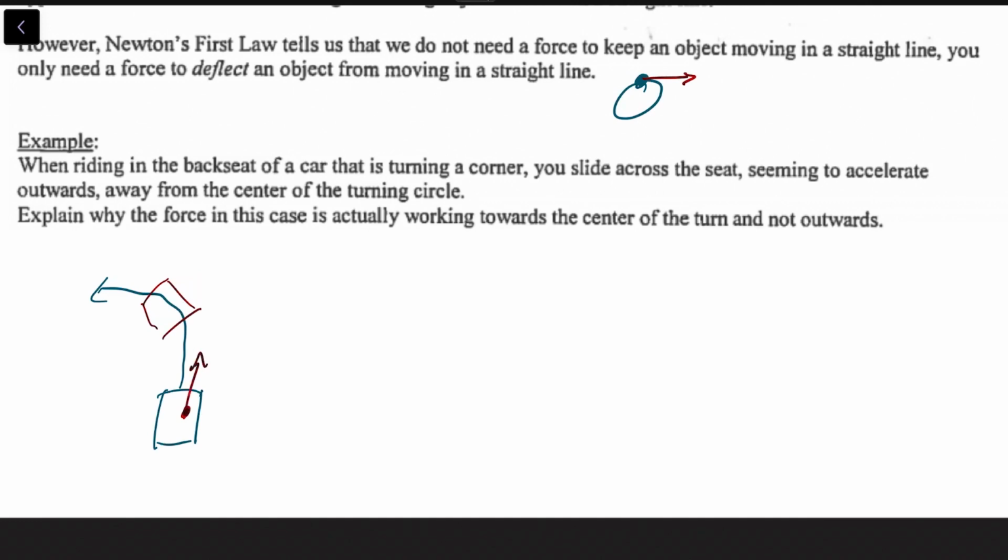Right here, it wants to keep moving forward. So here, it wants to keep moving forward again as well. But it's actually the wall, the side of the car, and your seatbelt that is forcing that direction to change along with the car. And the direction of that change is towards the center of the curve that you're turning around.